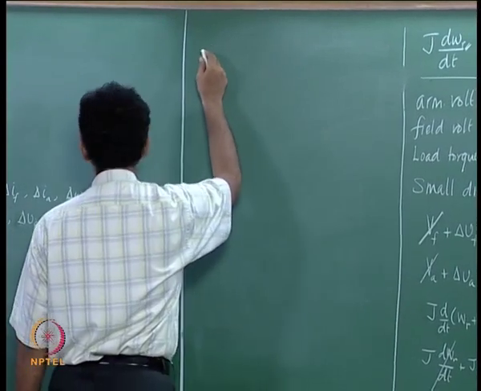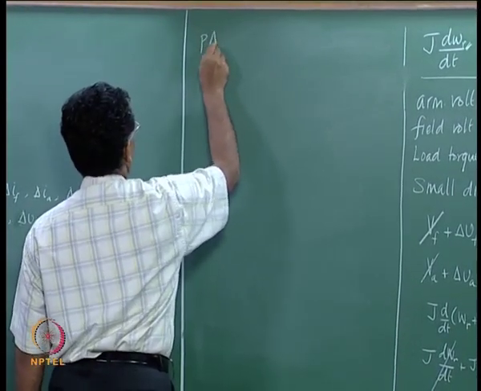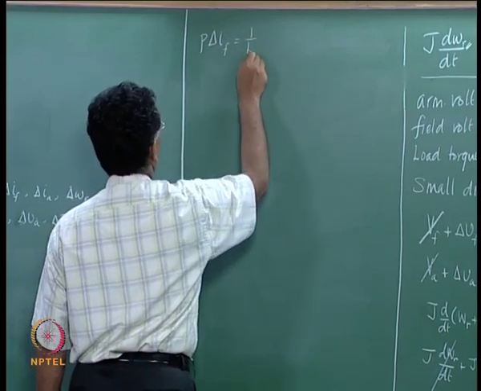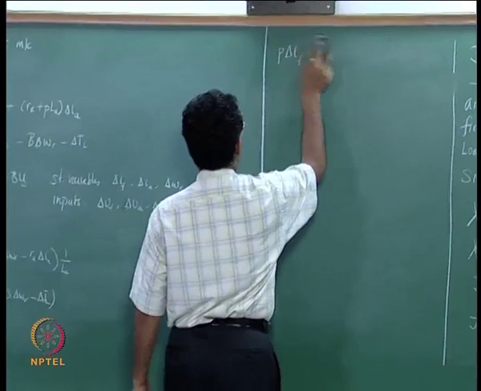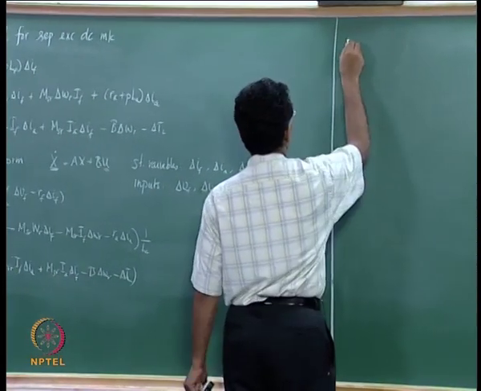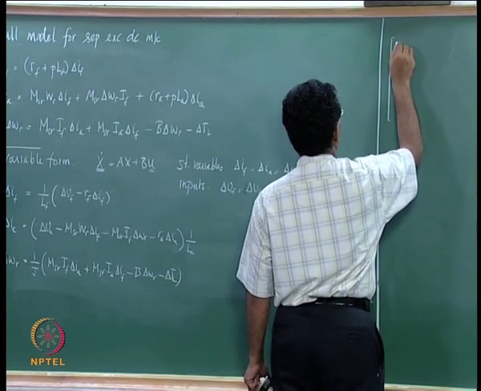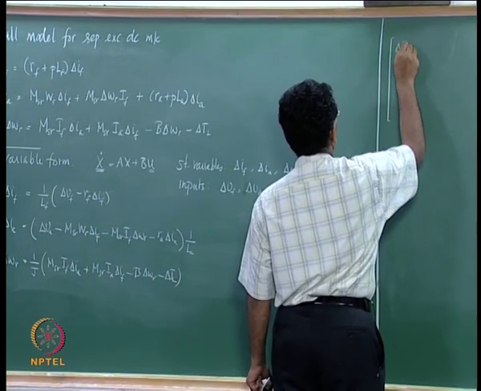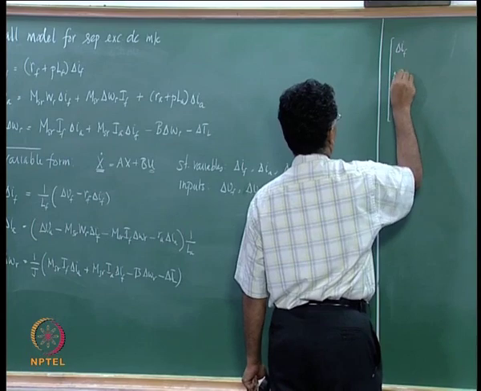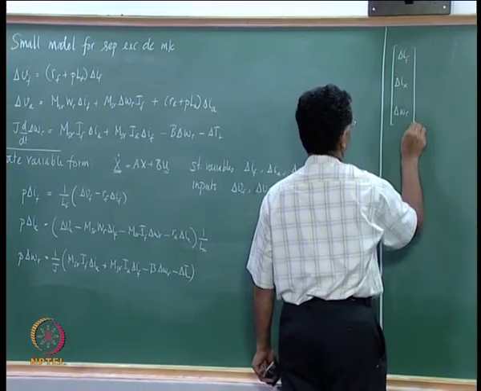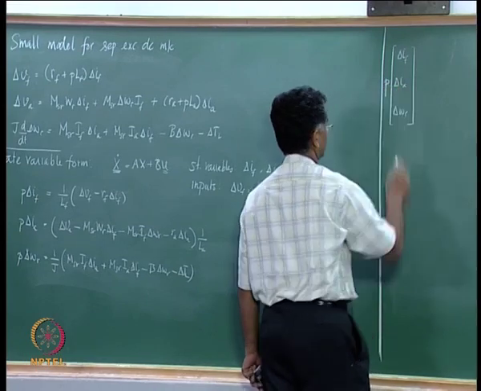The first equation is already arranged, there is no further thing to change. So what we can do is write it in vectorial form directly. You have delta If, delta Ia and delta omega r, and you have the derivative of that.